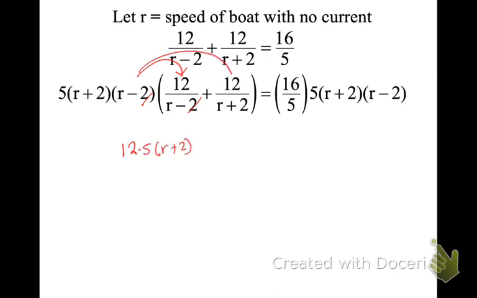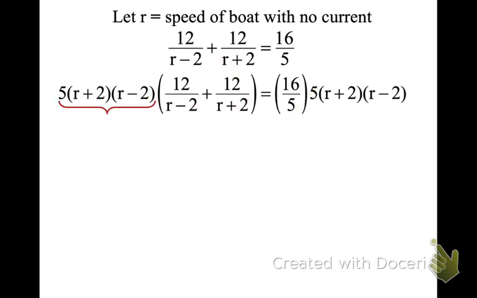When I distribute here, the r plus 2 clears, and I'm left with plus 12 times 5 times r minus 2. When I distribute here, the 5's cancel, and we're left with 16 times r plus 2 times r minus 2.